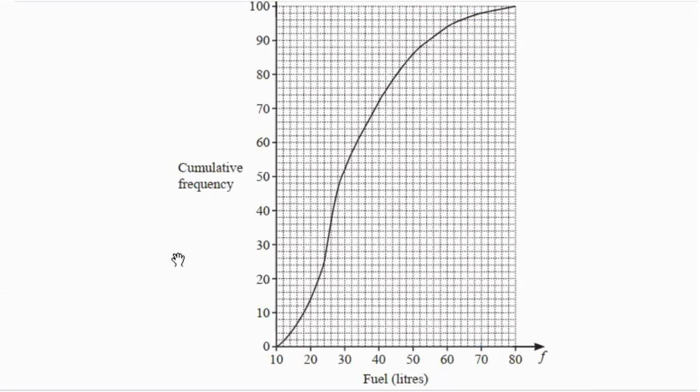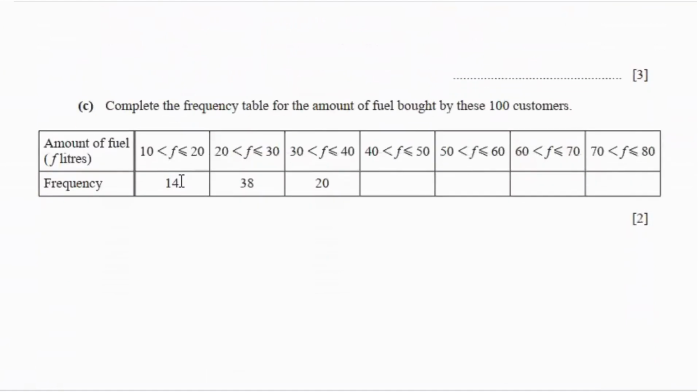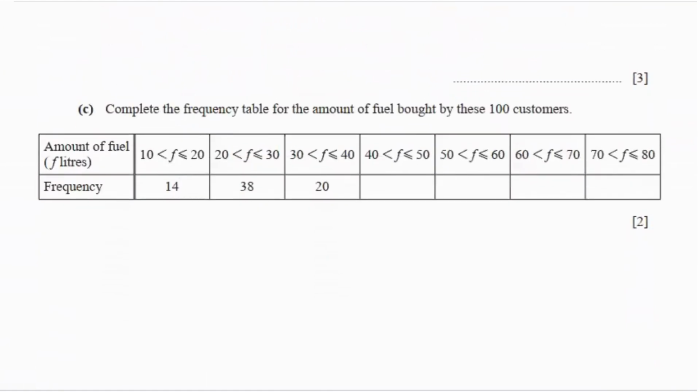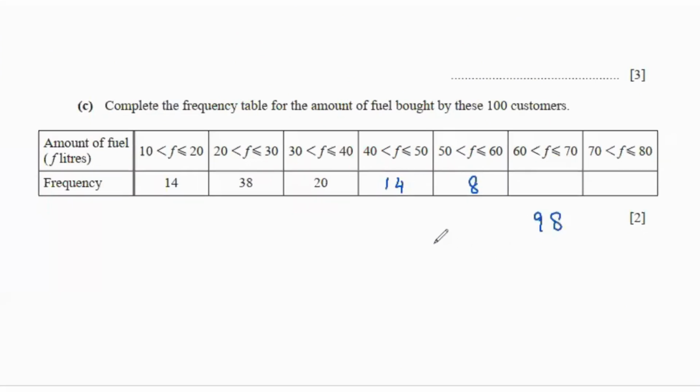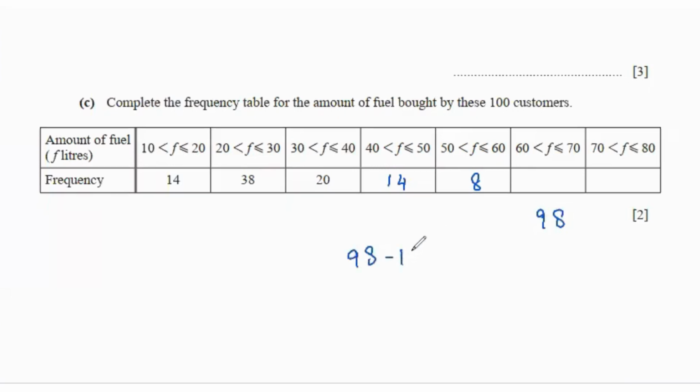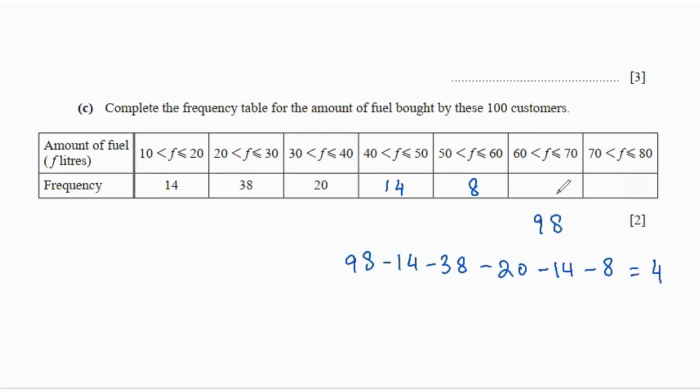So we go back to the table. We had 14 and 8 over here. So 98 is the cumulative frequency. We do 98 minus 14 minus 38 minus 20 minus 14 and minus 8 now. And that gives us 4.